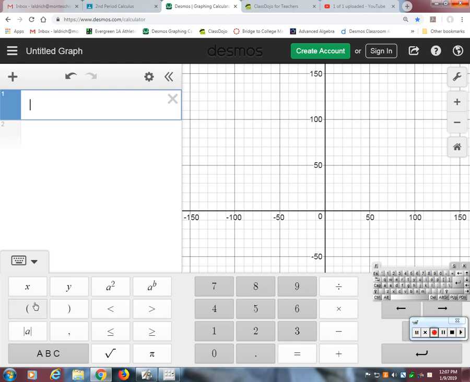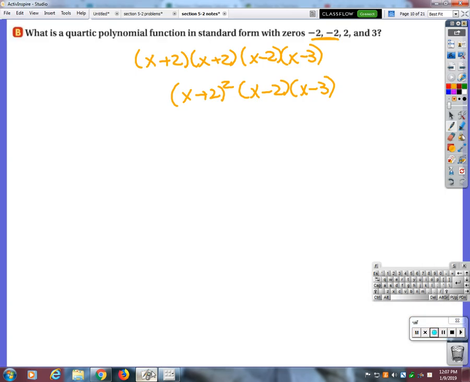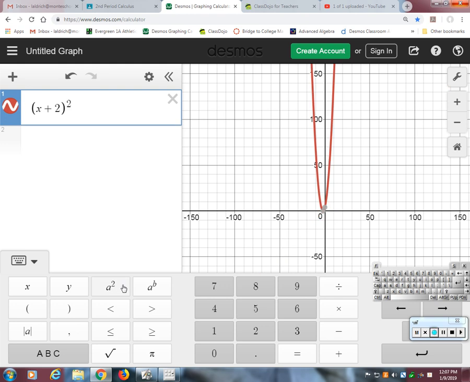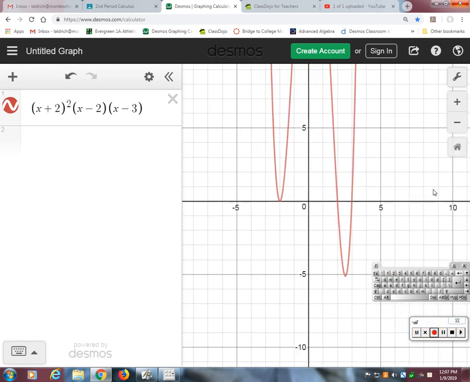And so I'm going to go ahead and show you what the graph of x plus 2 squared times x minus 2 times x minus 3 looks like.